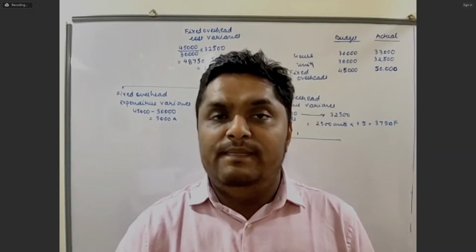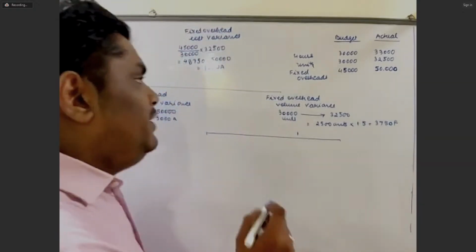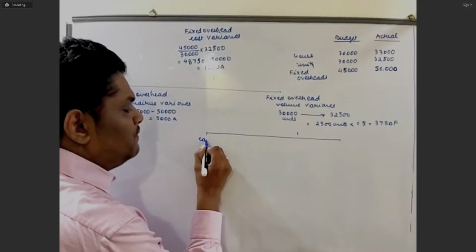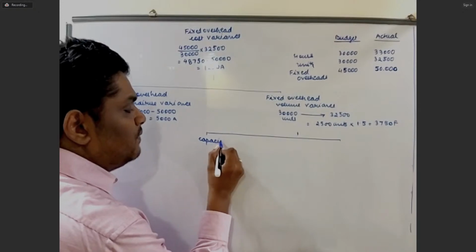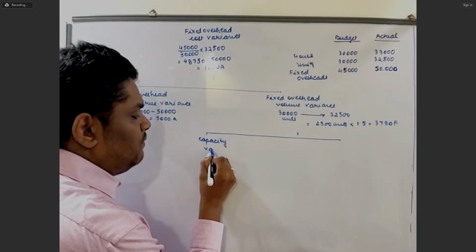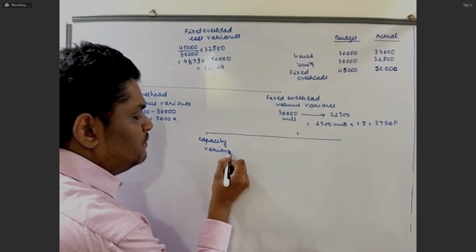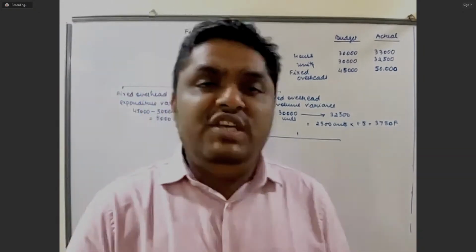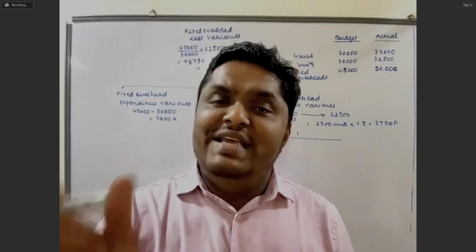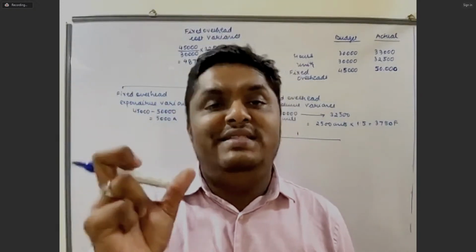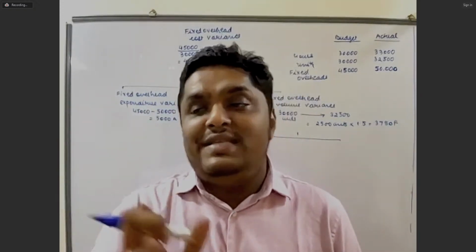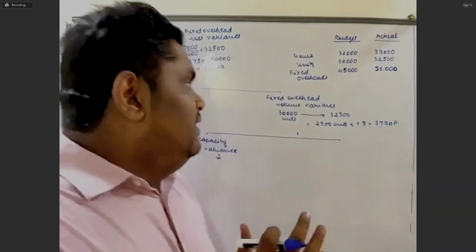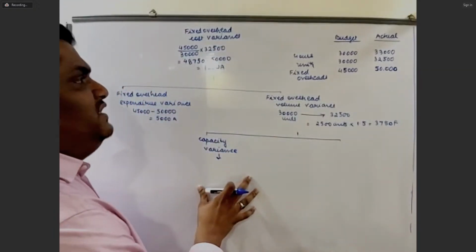Now, when talking about capacity variance also, since no information is given in the question as regards days, so we will assume that the days are same, that is budgeted days and actual days are same. So herein, we can directly calculate capacity variance.